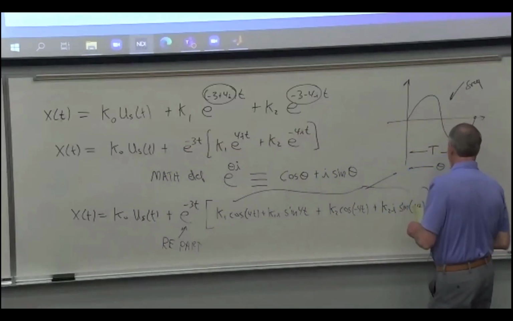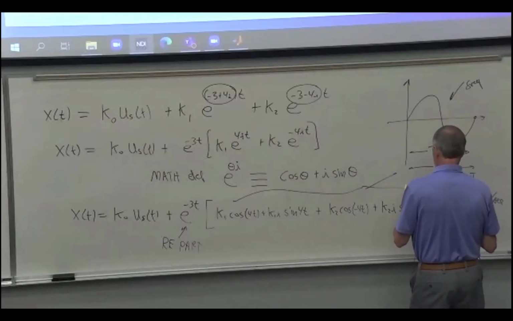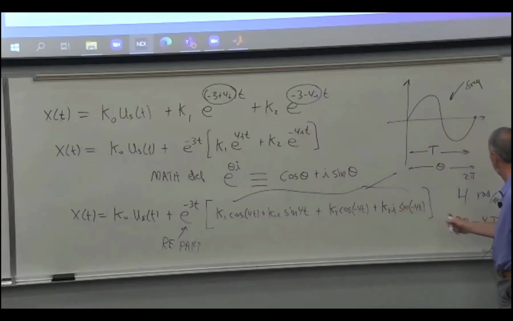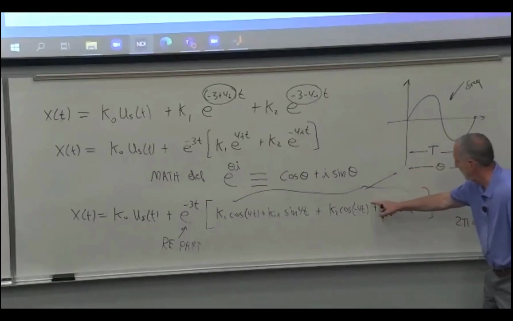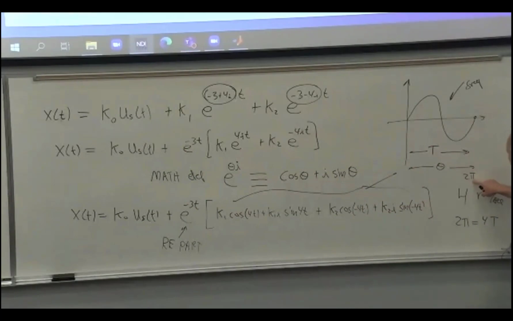in radians per second. Or if you want to think about it in terms of the period, what we're saying is that one period has to match 4 times the total time. Why? Because one period, this whole thing inside here goes from 0 to 2 pi. And so 2 pi has to match the 4 times the capital T that got us there.